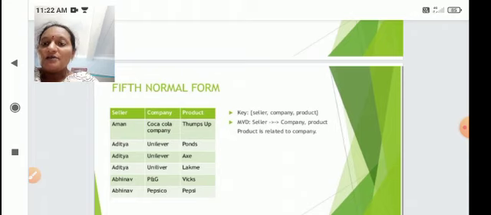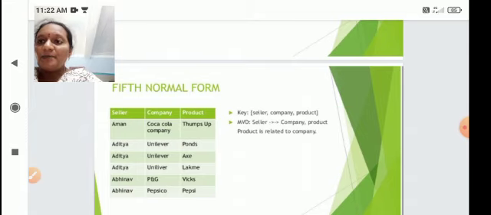The seller key depends on company and product, and product is related to company. So this is a multi-valued dependency, where one key attribute depends on more than one key.